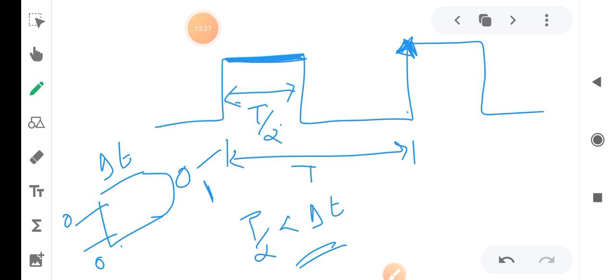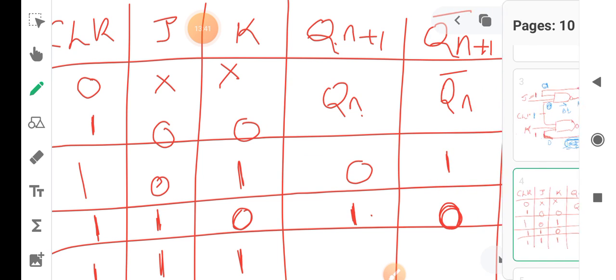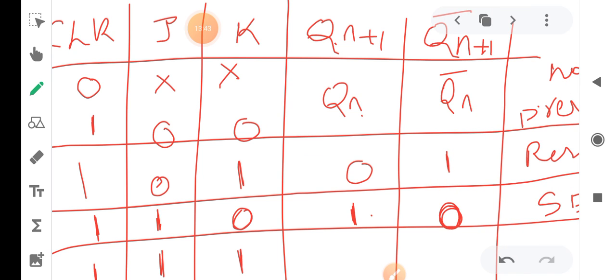Okay, so these are all the things. When this happens, it becomes a toggling input. That is, it is a complementary value, that we call the complementary value.